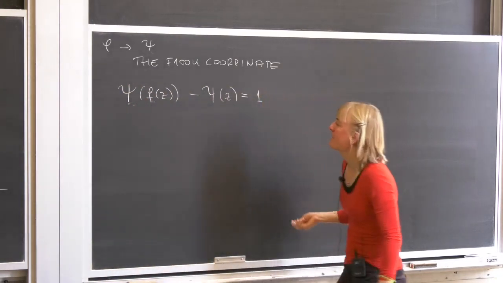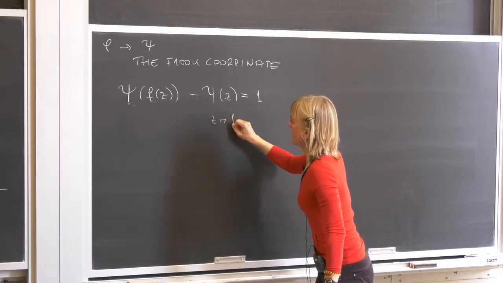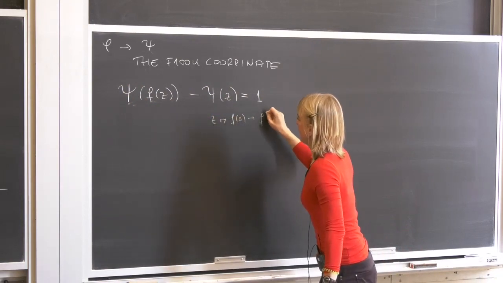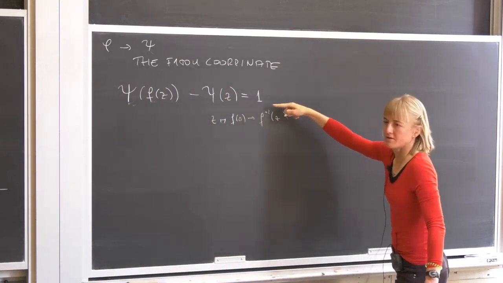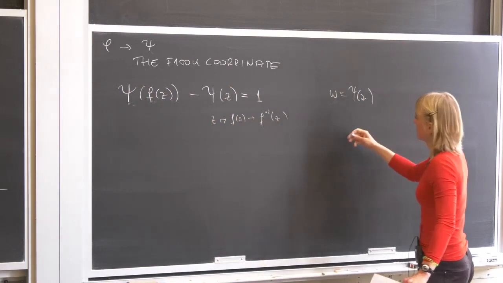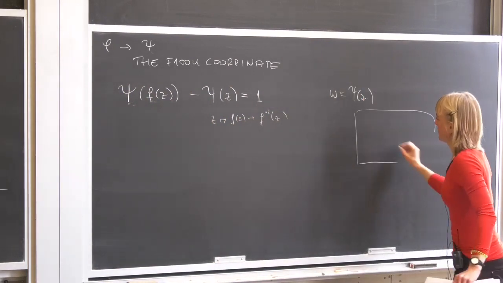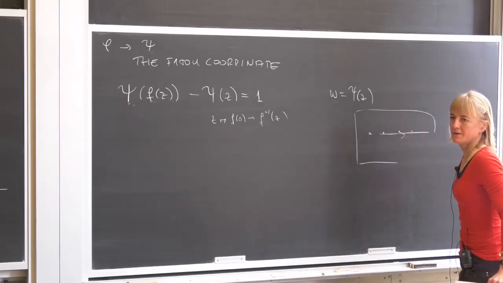What does it mean? It means that it sends orbit z, f of z, f square z, etc. to translation. So in the variable, each orbit will correspond to a translation by one.